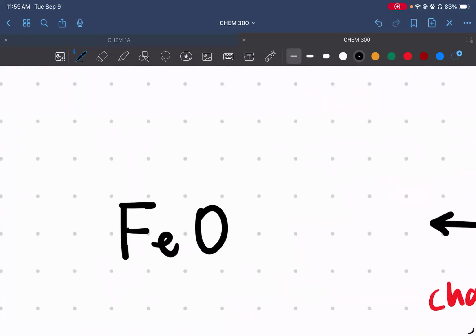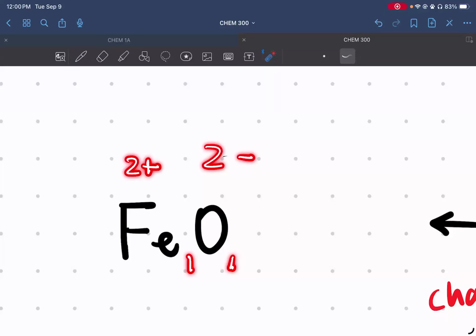Here, iron oxide, we know that the oxygen is 2 minus. We also see that the ratio is 1 to 1. That is what tells us this will be 2 plus, because for them to be 1 to 1, the charges have to match.